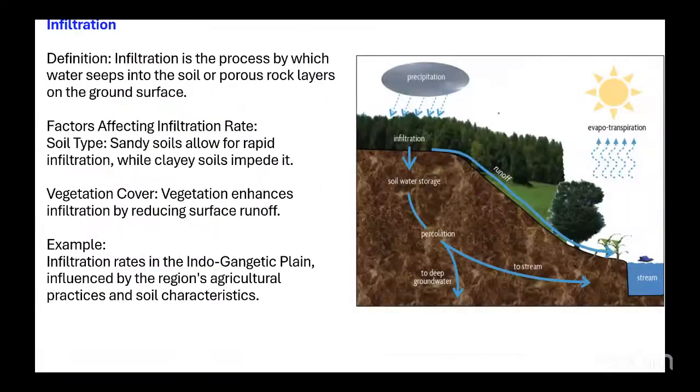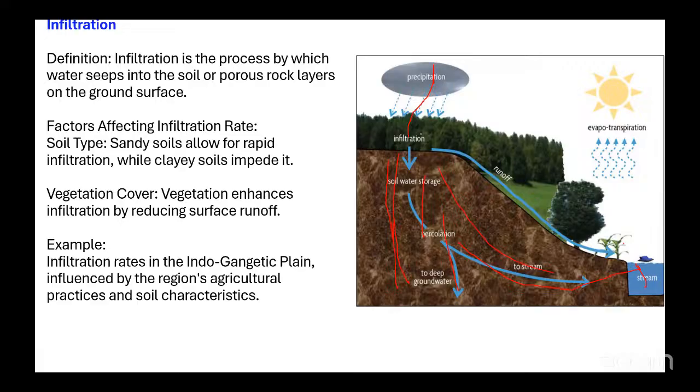Infiltration. So what is called infiltration? After precipitation, some water will be infiltrated into the subsurface of the earth or rock formations through the soil water storage process or pore spaces present in the geological formations. So soil water storage, then percolation to the deep groundwater, and some of the infiltrated water is converted into streams also, and again it will join the streams through the subsurface.